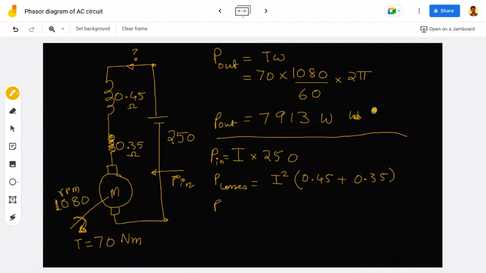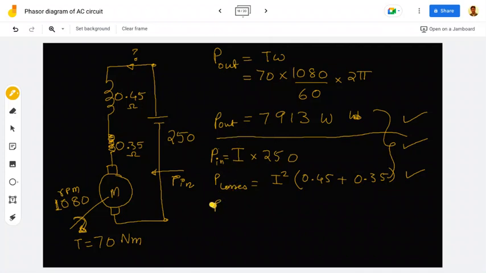So these three together, we have a constant and we have a term with power 1 and we have a term with power 2, and these three are related, right? So input is nothing but output plus losses.